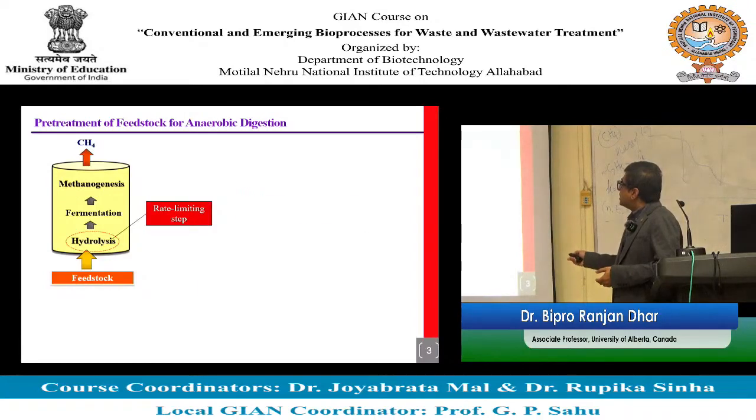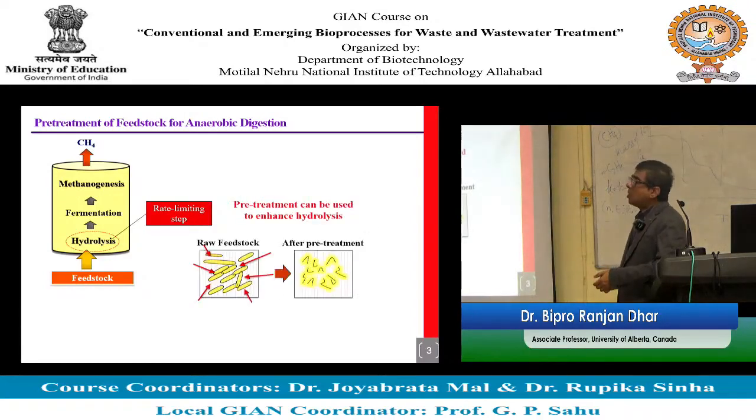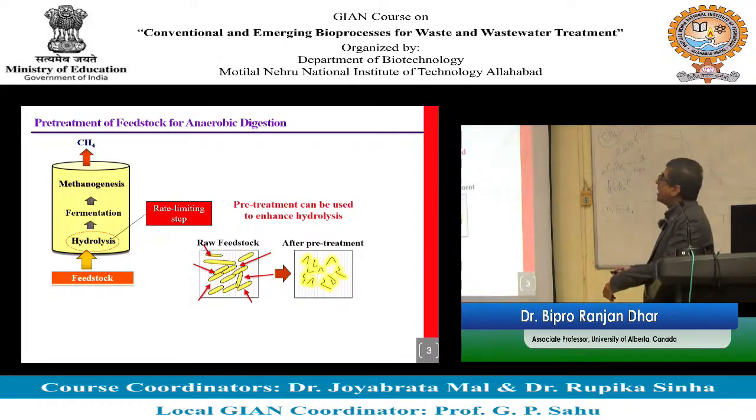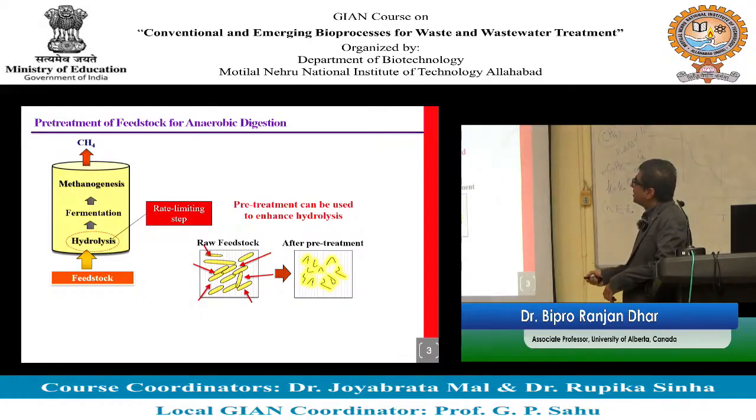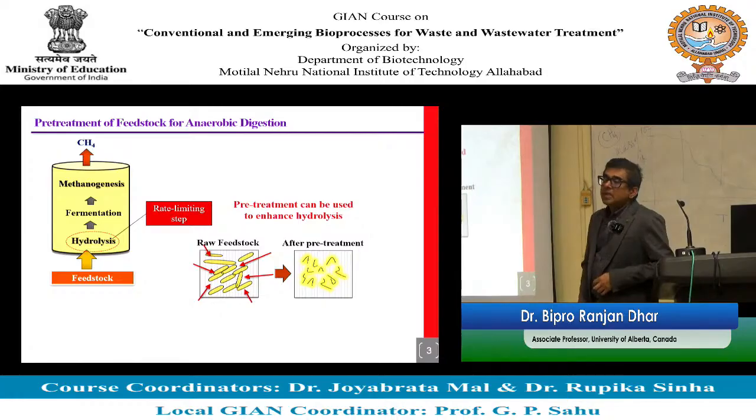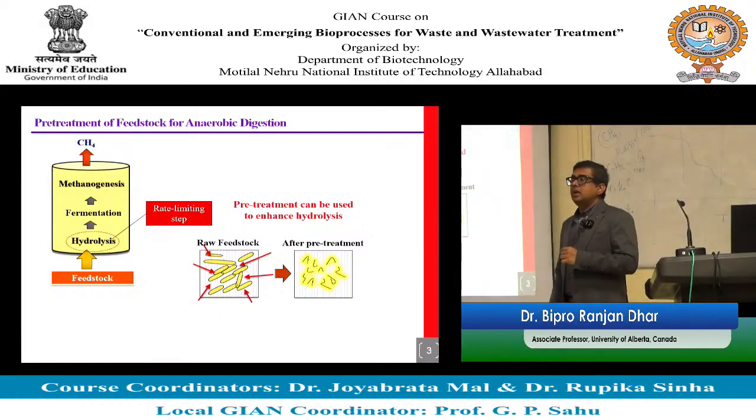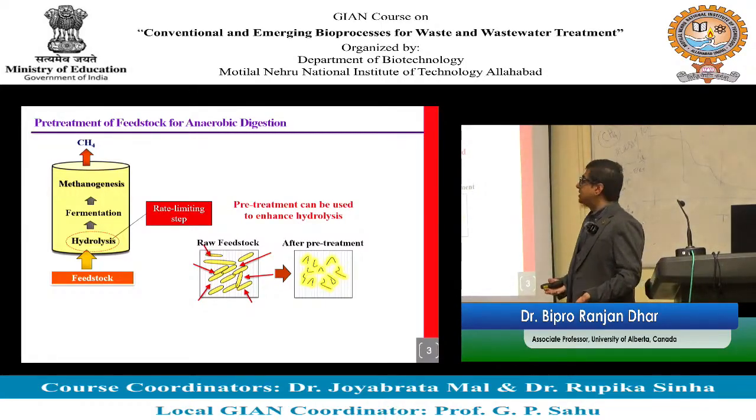So that's why a common approach to enhance the hydrolysis process in anaerobic digestion is pre-treatment of feedstock. Before you feed the waste into the digester, you can do some sort of pre-treatment.